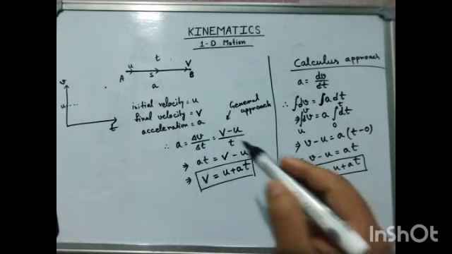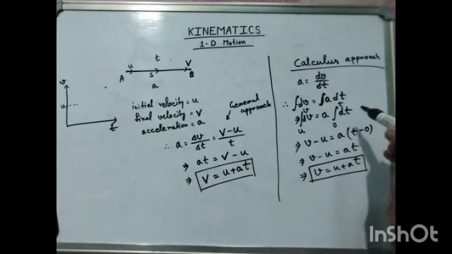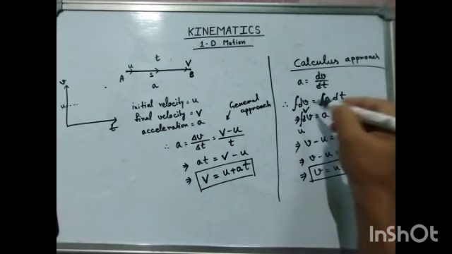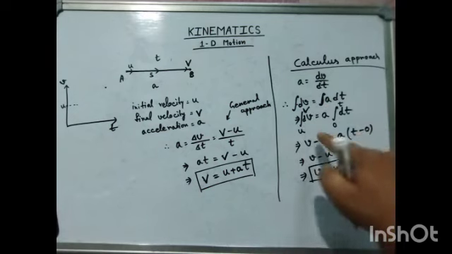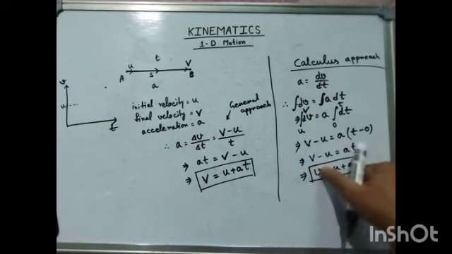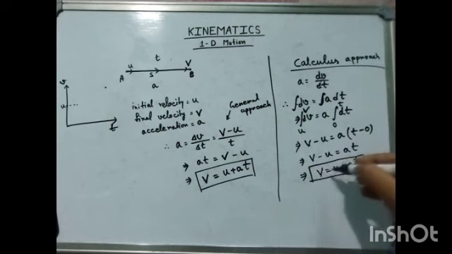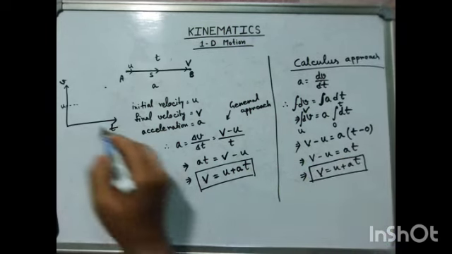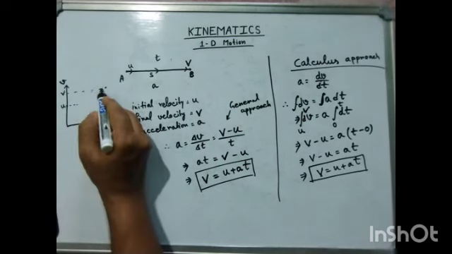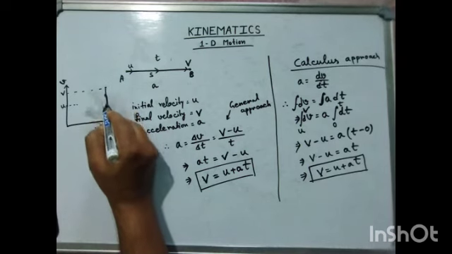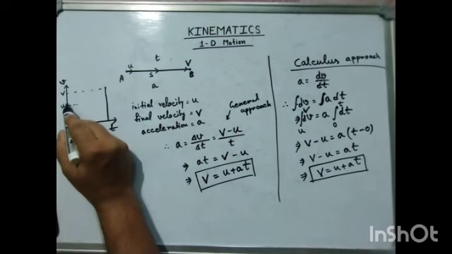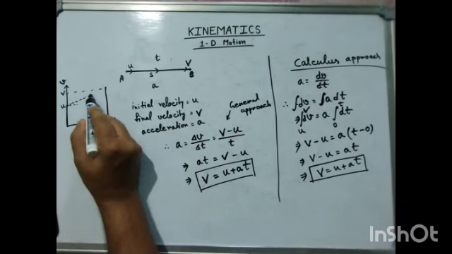I did it capital V because you should not confuse it with this variable v. So suppose this is the final velocity, capital V, and the initial velocity was u, and it moves with constant acceleration.